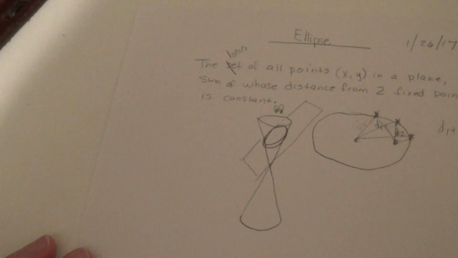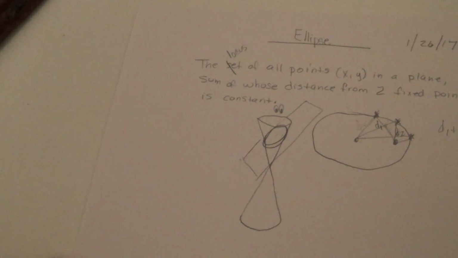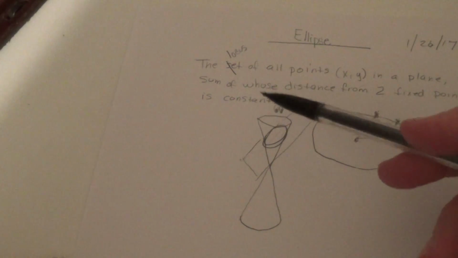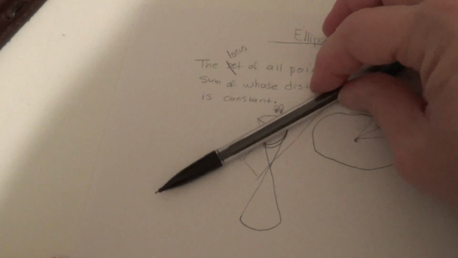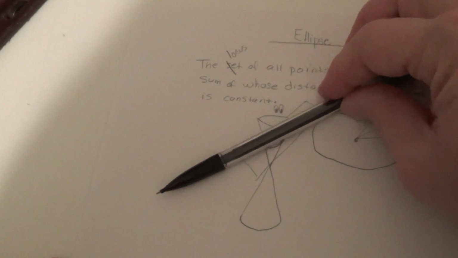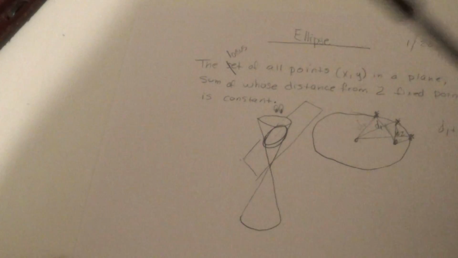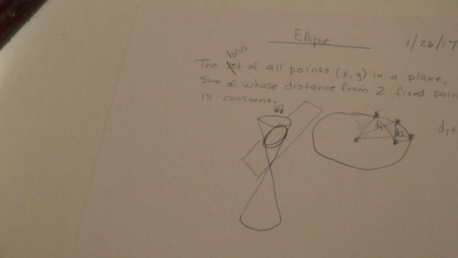My drawing's not so great, but it does. So it's another one of the conic sections. So far we've had a circle when the plane cut this way, a parabola when it cut this way, and now we have the ellipse when it cuts that way.